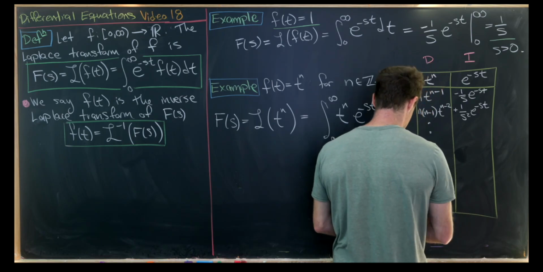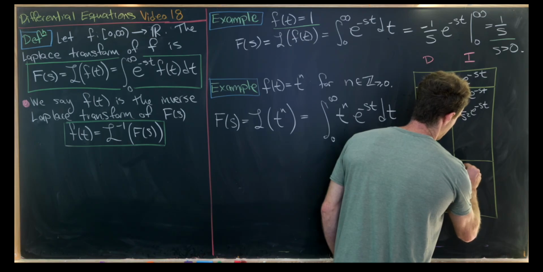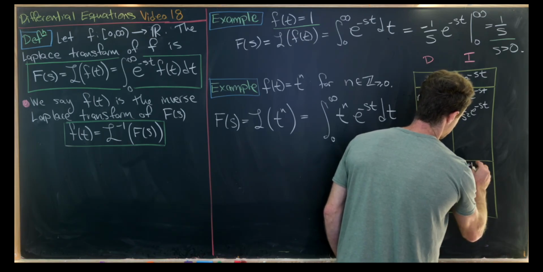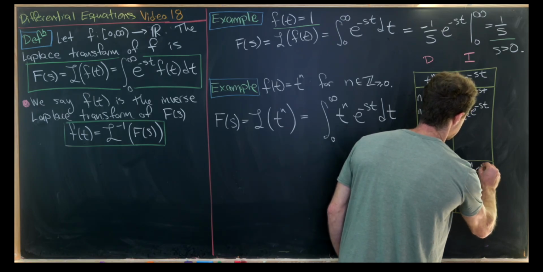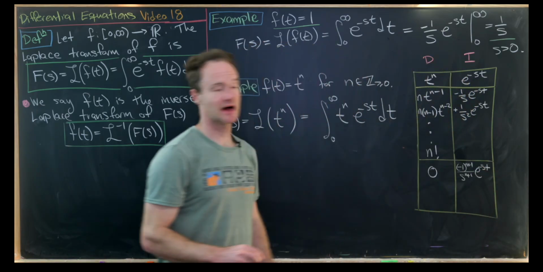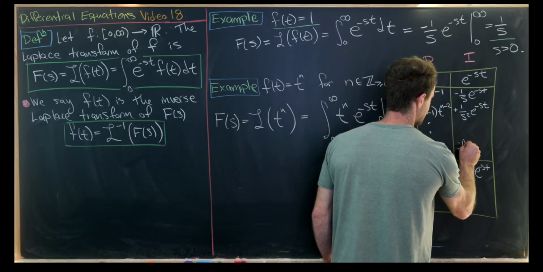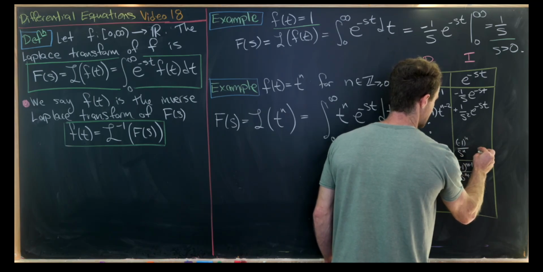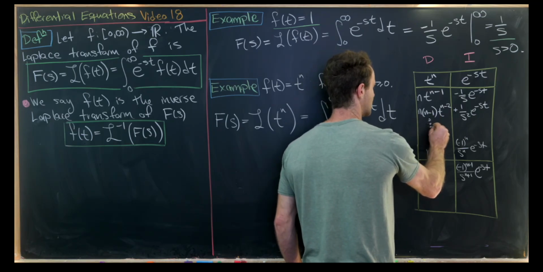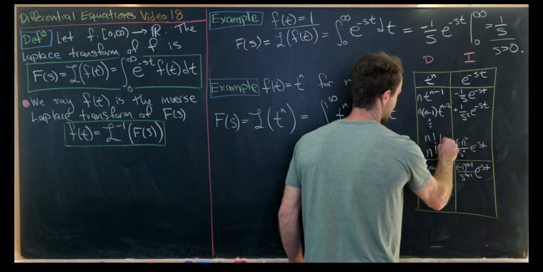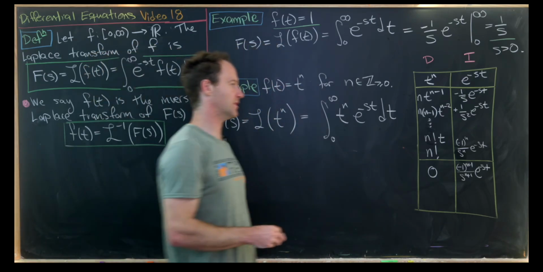And all the way down at the very end, we'll have minus 1 to the n plus 1 over s to the n plus 1, and then e to the minus st. While we're at it, let's put the one right above it, which would be minus 1 to the n over s to the n e to the minus st. And the one right above this n factorial will actually be n factorial times t. You don't get less than n factorial until the one above that.